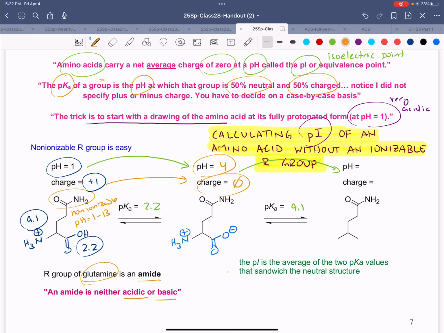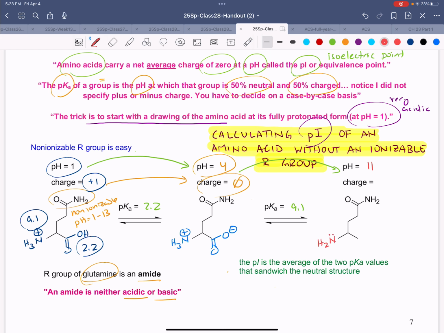Now let's cross over pKa of 9.1. Okay, let's choose 11. That's above 9.1, meaning we are now basic enough to remove this proton. Perfect. So let's remove that proton, and we become neutral.